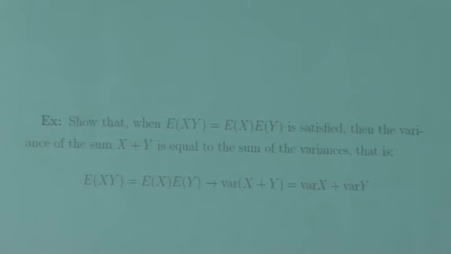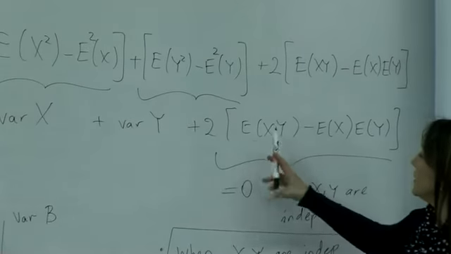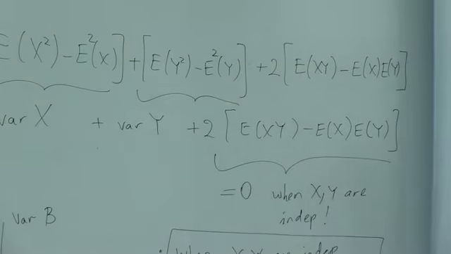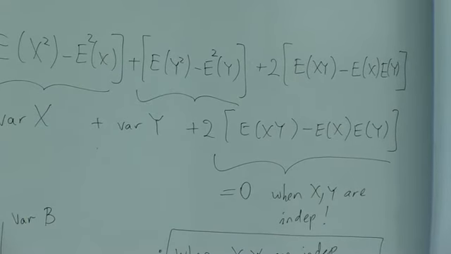So how do we show this? Basically, we already showed it here. If you look here, when this term is 0, the variance of the sum is equal to the sum of the variances. Now, this has another name. When expected XY is equal to expected X times expected Y, the random variables are said to be uncorrelated.